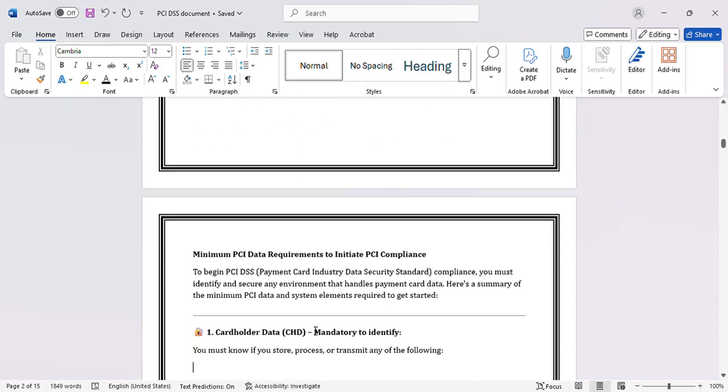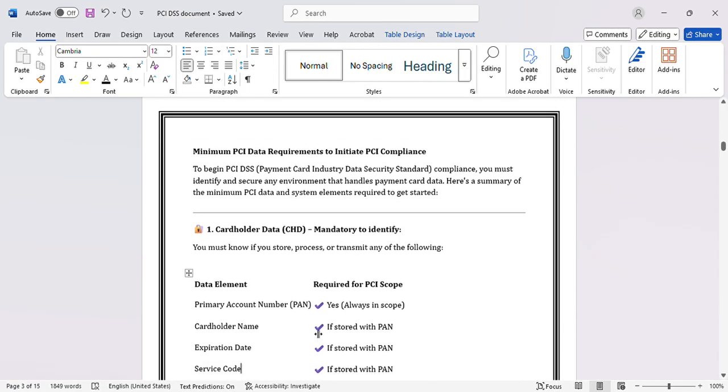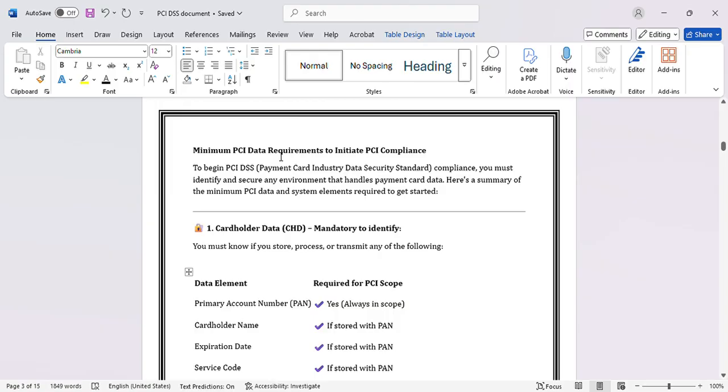Great. So the question is, what is the minimum data requirement to initiate PCI compliance? To begin PCI compliance, you must identify any secure environment that handles payment card data. Here is a summary of the data elements required to get started. If a vendor is processing cardholder data, then it is always in PCI scope.